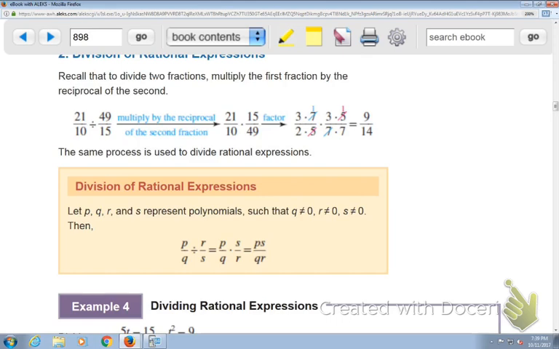So you change division into multiplication, and you flip the second fraction. So p over q stays as is, then times s over r, and then we already know how to multiply. Straight across, right? Same rule applies even when we're dealing with these rational expressions. So it's really just what we've been doing, plus an extra step at the beginning.